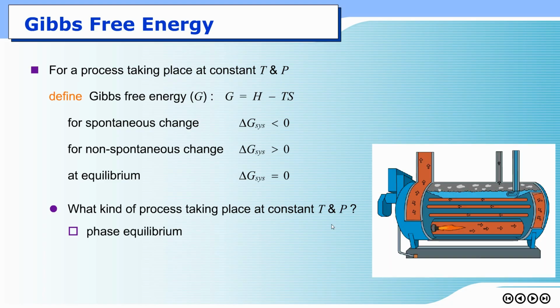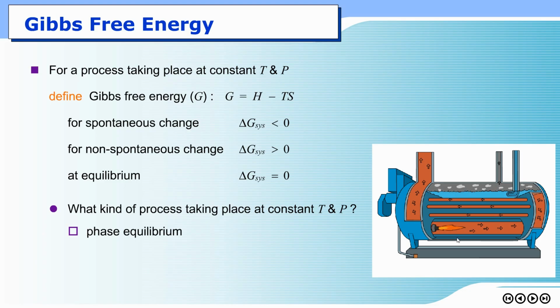For instance, in a boiler, if I have water heated up by using hot gas from the combustion, the red area here represents combustion gas. So the tube here is a hot tube, and the tube is surrounded by liquid water. If the boiler here is operated under 1 atm, then you learn that once the water is boiled, the boiling point of water under 1 atm is 100 degrees Celsius.